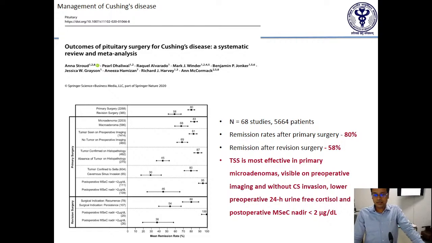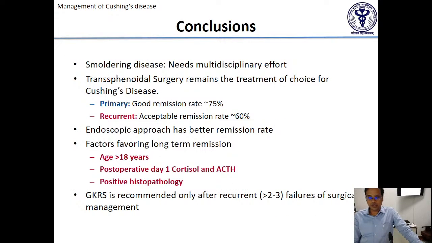This meta-analysis summarizes the findings that transsphenoidal surgery is the most effective in primary microadenomas which are visible on preoperative imaging and without cavernous sinus invasion. And if the preoperative 24-hour cortisol is lower, and if the postoperative first day morning cortisol is less than 2 microgram per deciliter, these are the factors which predict a good outcome.